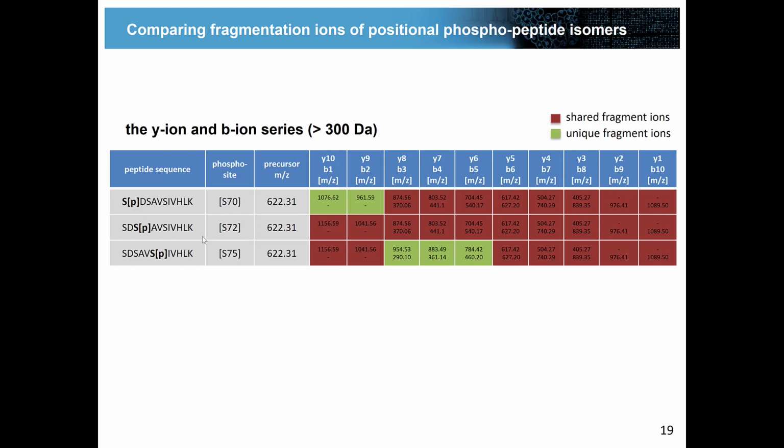However, what we do in SRM is we always measure several transitions, and what you can do is to use a combination of transitions that is unique for this peptide, for example, the combination of Y9 and Y8 and B2 and B23. This combination is unique for serine 72. It does not occur in serine 70 or serine 75.